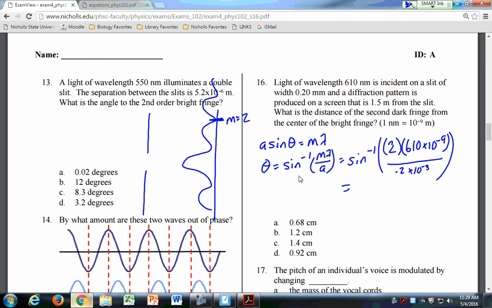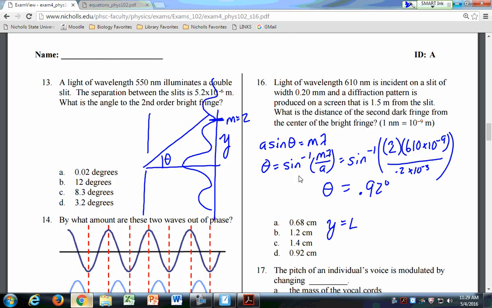And that works out to be, does anybody know right off? They have that on their test. What is it? Do you have it, Brent? 0.92? Okay. 0.92 degrees. And then once we have that, we have the angle, theta. I'm sorry, I gave you the answer.